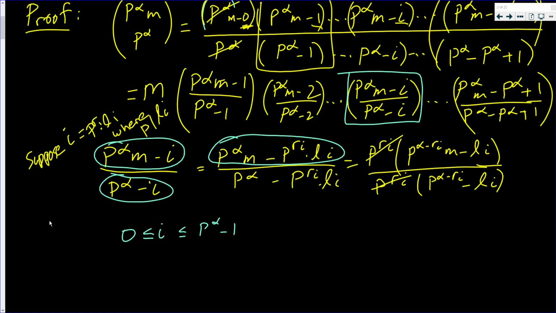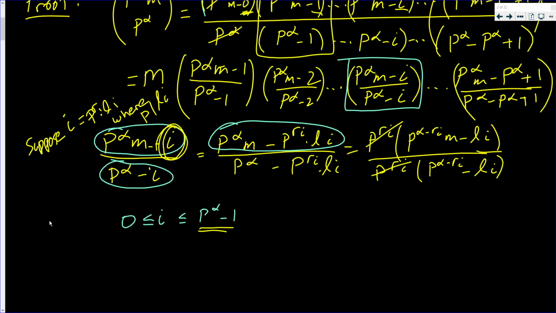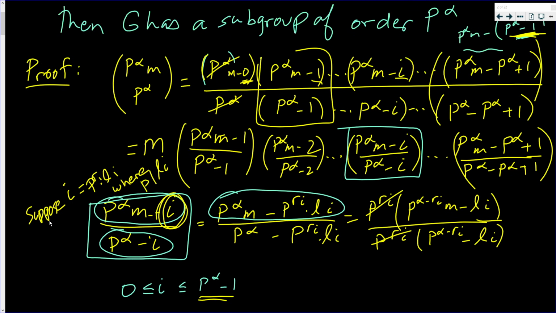Okay, so that tells me that this can't have a factor of p larger than, not even equal to, p to the alpha. Both the numerator and the denominator have the same factor of p to the alpha, so they all cancel out.